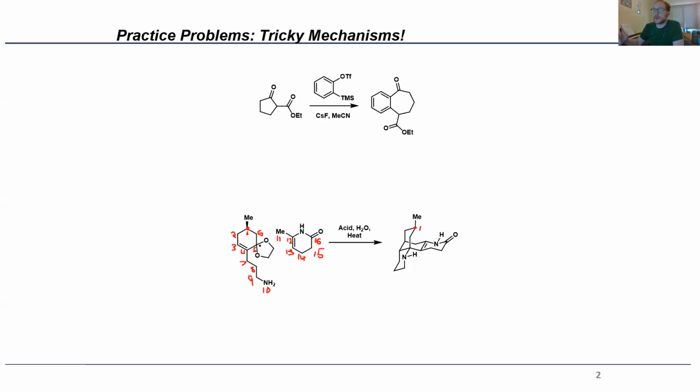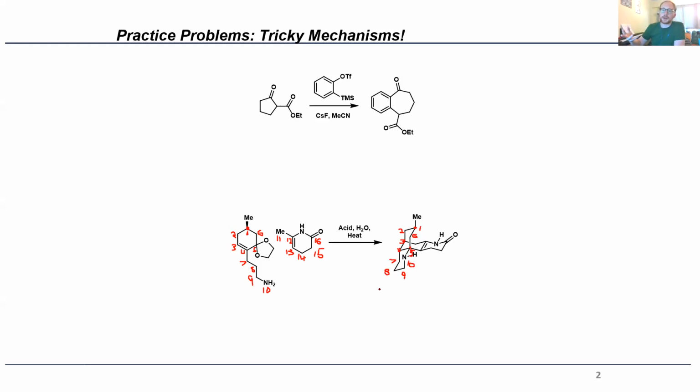And so if I think about it that way, then this should be 6, and this should be 2, or it should be 5. Sorry, 5. This carbon here should be 5, and this should be 6. And if this is 5 and 6, then this must be 4, and this must be 3, and this must be 2. And that makes sense further because we know that we have a nitrogen atom in the starting material that could be connected at 7, 8, 9, and nitrogen's 10.